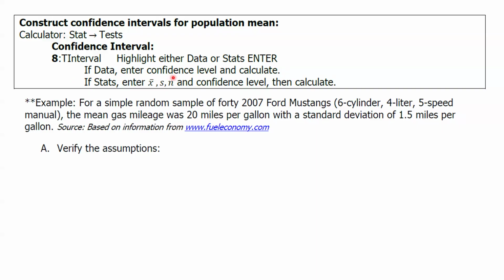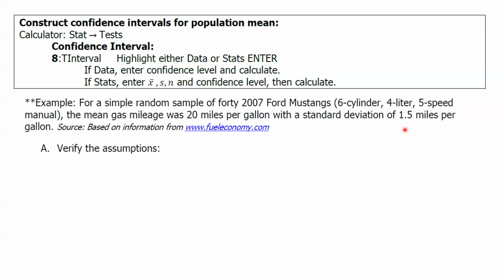If data, we'll enter in the confidence level and calculate. If it's stats, we'll enter in the stats given to us and our confidence level and then calculate. Use data when you have the actual list of numbers and use stats when you are given summary statistics.